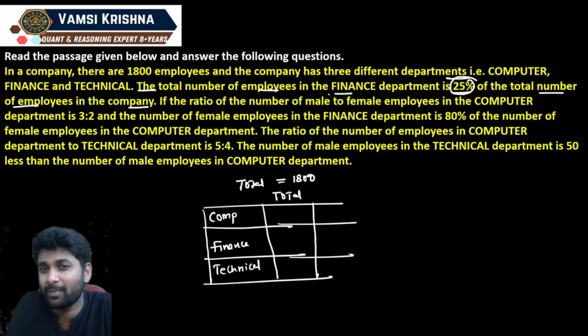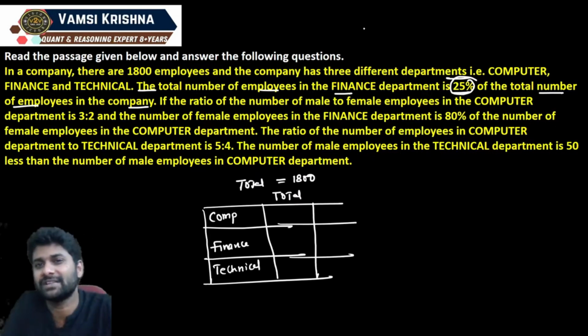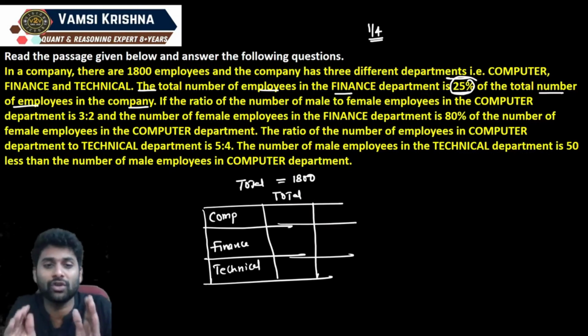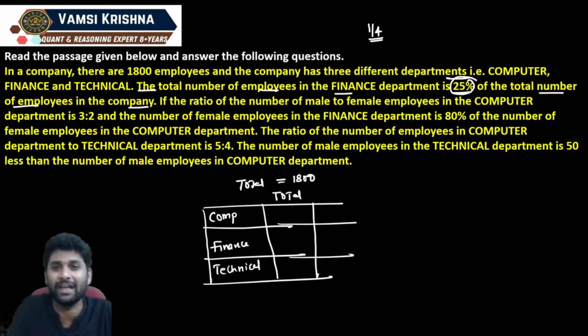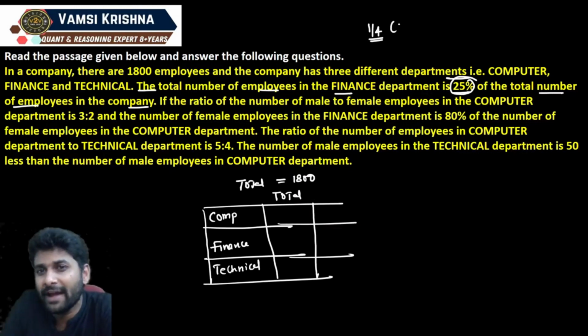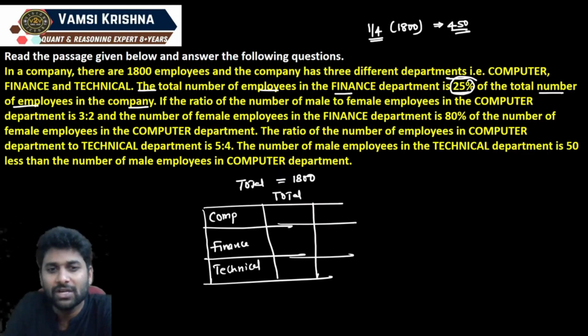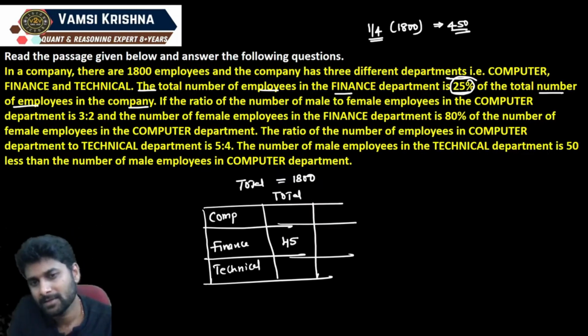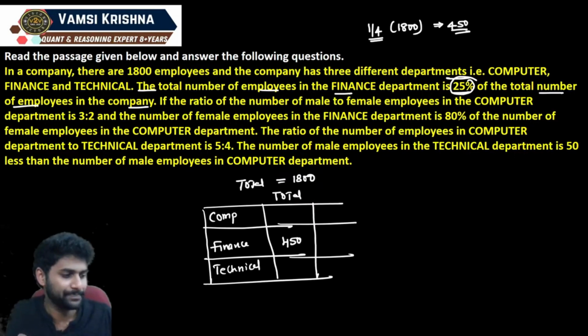You already know that 25 percent means 1/4 of the value. So 1/4 of 1800 is exactly equal to 450. So 450 people are from the finance department. So we'll get one value here.